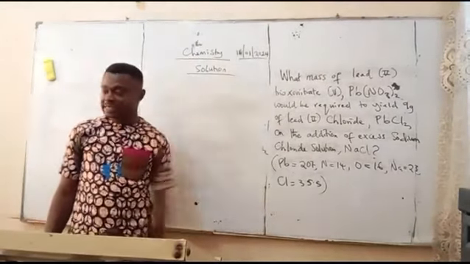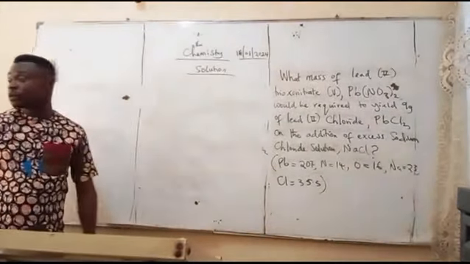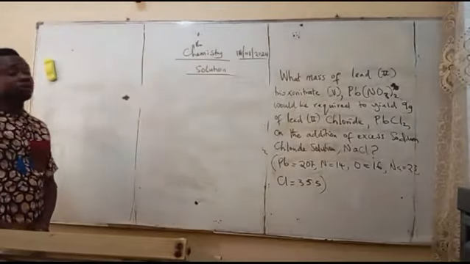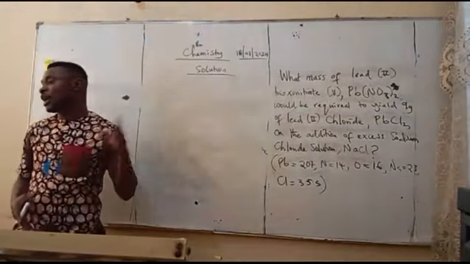So these are the relative atomic masses of the elements of these compounds. Solution. Remember I said the first step is to do what?